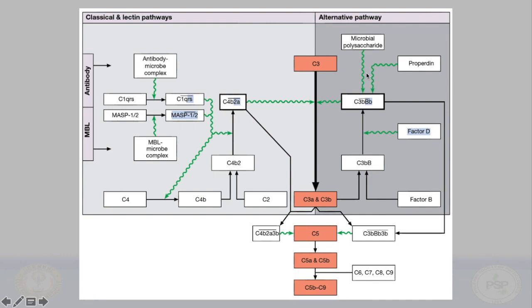The alternative pathway, you have spontaneous cleavage of C3, and together with factors D and B would produce your C3 convertase. C3 convertase would then cleave C3, and together with C3b would form your C5 convertase, and so on and so forth until you form the membrane attack complex.